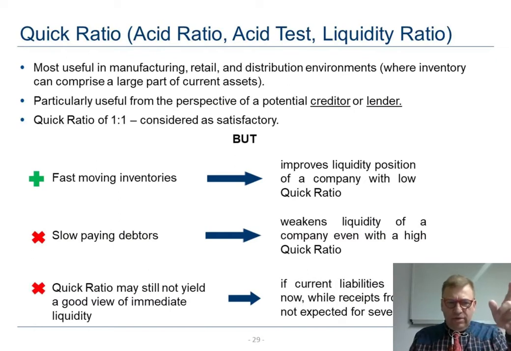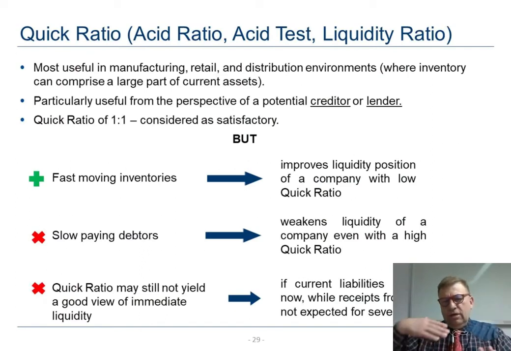And quick ratio may still not yield a good view of immediate liquidity if current liabilities are payable right now, while receipts from receivables are not expected for several more weeks.